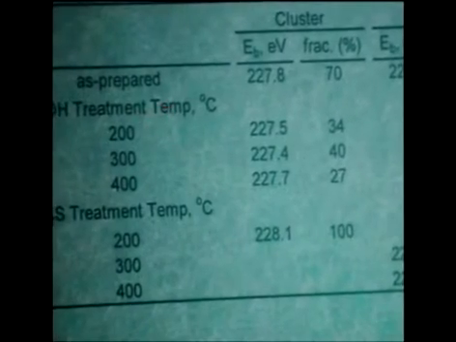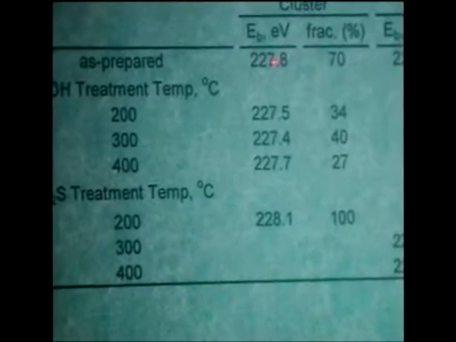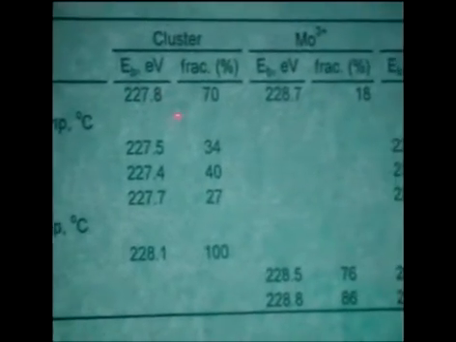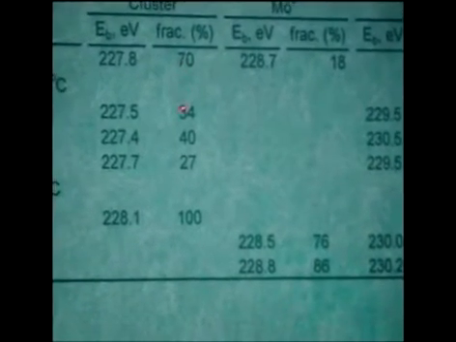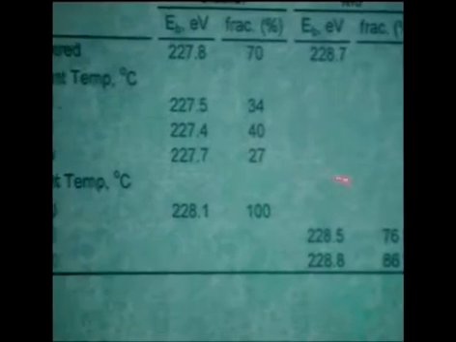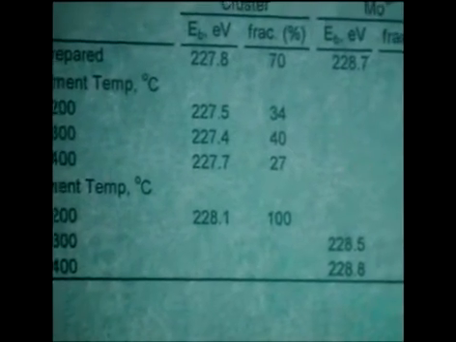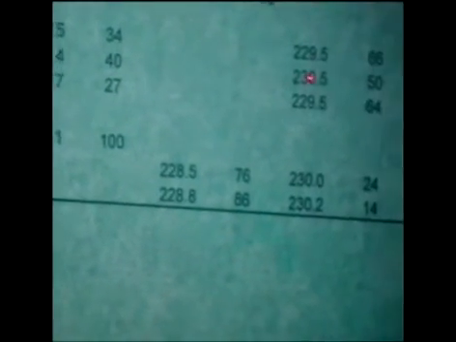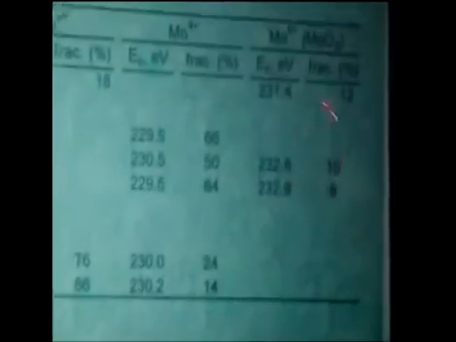What's interesting is that when you treat the material with just methanol, the peak responsible for the cluster remains even up to 400 degrees C, and none of this intermediate oxidation state is formed at all. We show only Mo4+ and a little bit of Mo3+.